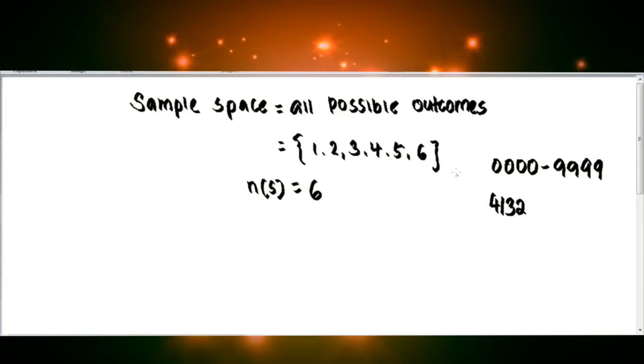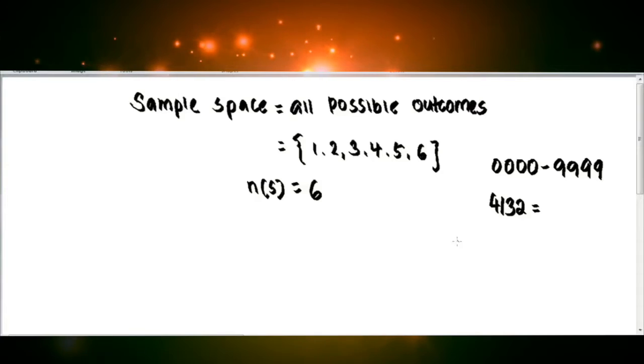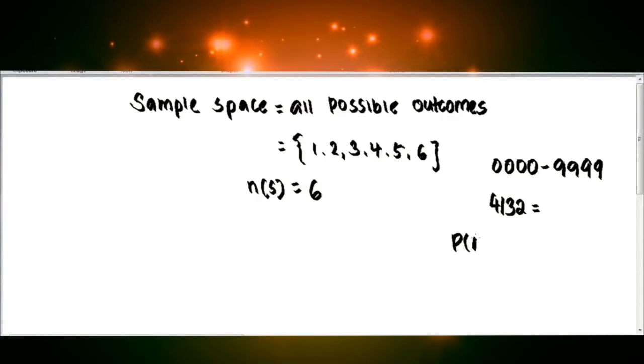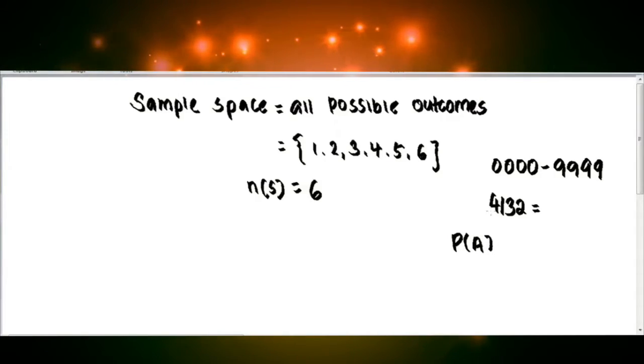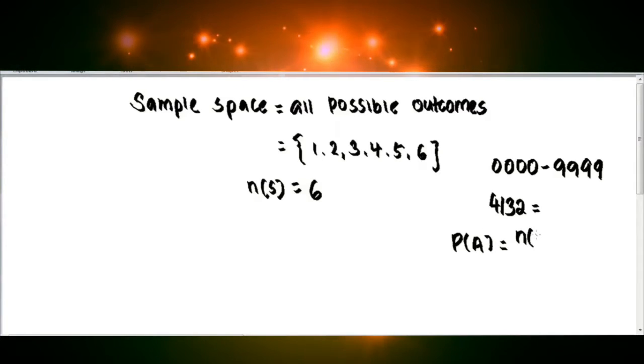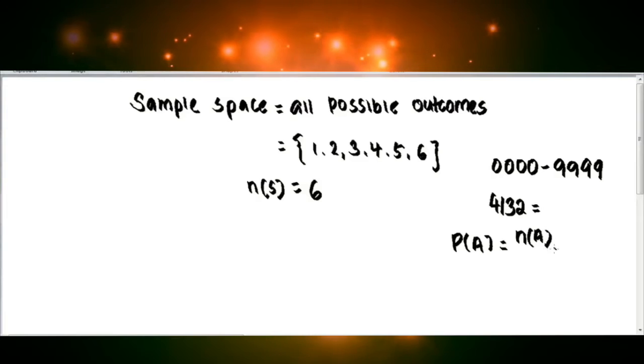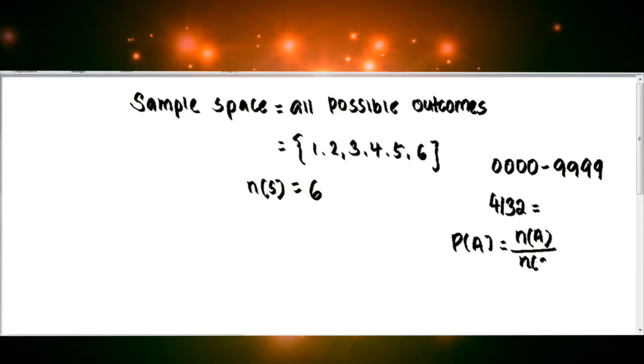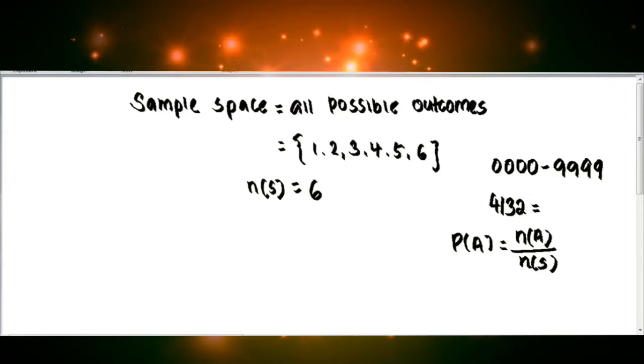The probability to win the lottery: in this chapter we need to understand the formula. Probability of an event is equal to the number of events, meaning how many numbers I buy, divided by the number of sample space, all the possible outcomes.